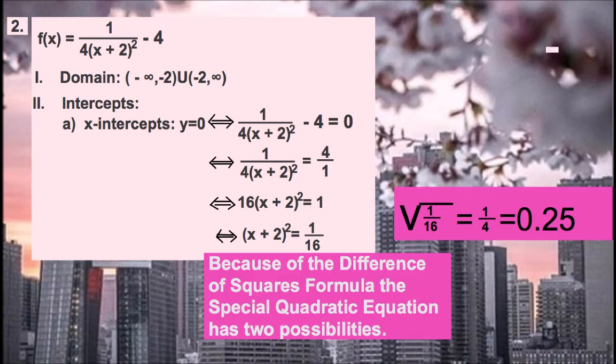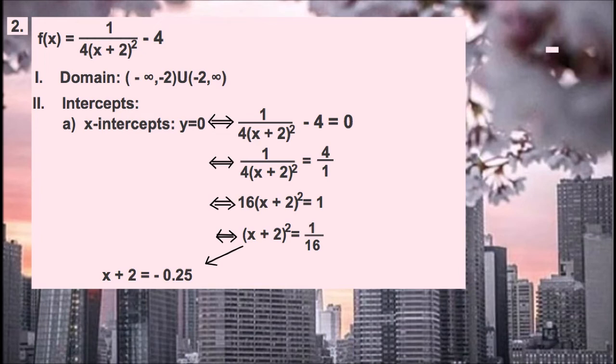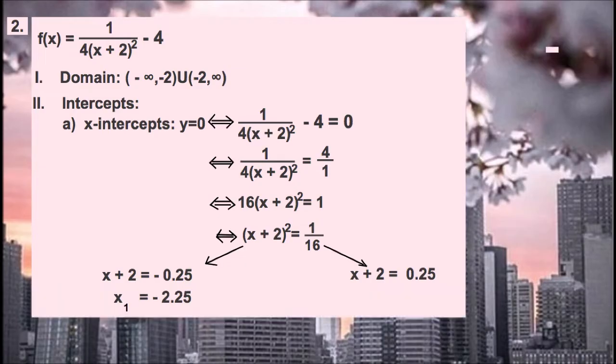Because of the difference of squares formula, the special quadratic equation has 2 possibilities. x plus 2 equals negative 0.25, and x plus 2 equals 0.25. x1 equals negative 2.25, and x2 equals negative 1.75.